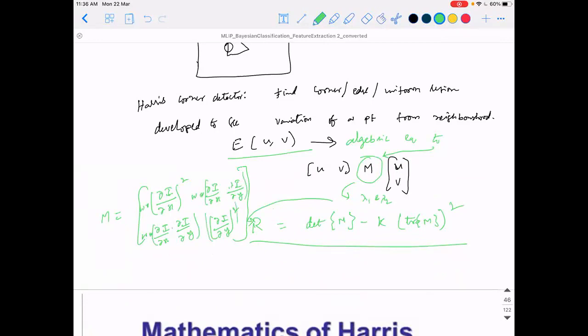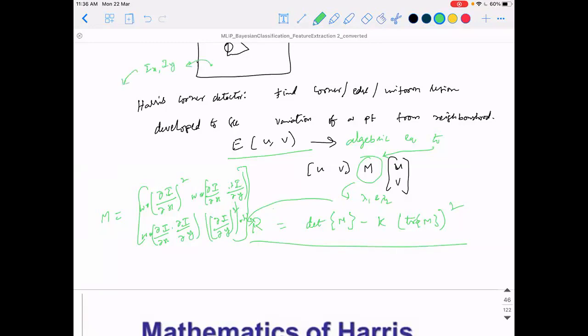Okay, so is this clear now? Any questions on this? Given this R, at any given point, we simply compute Ix and Iy.